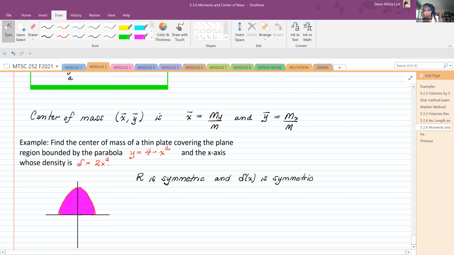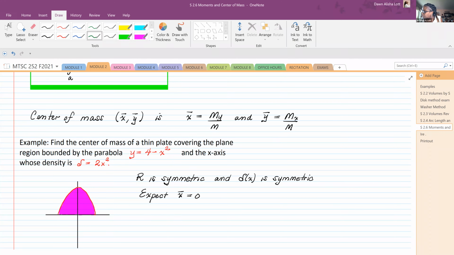So therefore, I expect the x bar coordinate of the center of mass to equal 0. In other words, it should balance perfectly like this. What I need to find is where this point goes.